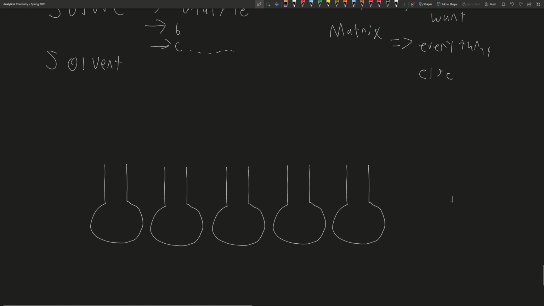Let's call this sample 1, 2, 3, 4, 5. So we have six containers here. And what we are going to do is add to each of these what is known as a spike.